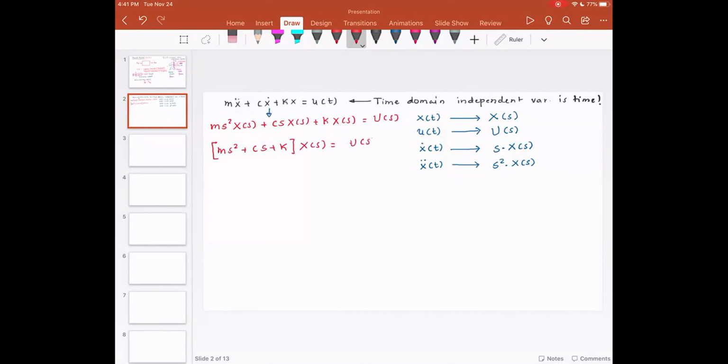So this is nothing but the transfer function of the spring mass damper system.